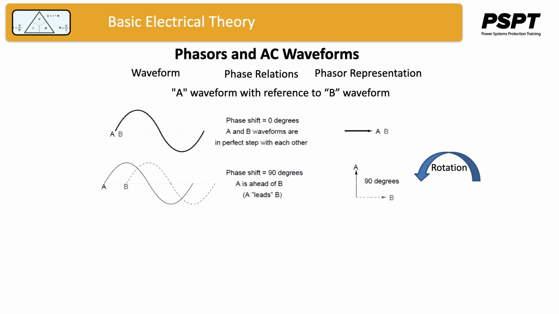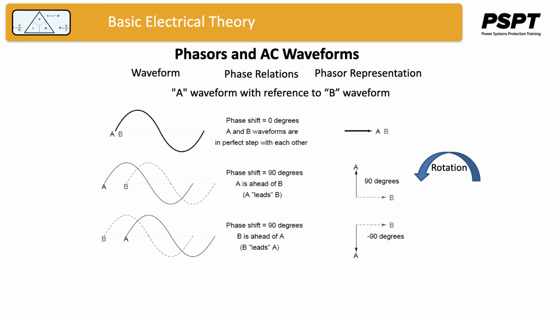A phase shift of 90 degrees where B is ahead of A would also be indicated by these two phasors, where B leads A by 90 degrees.